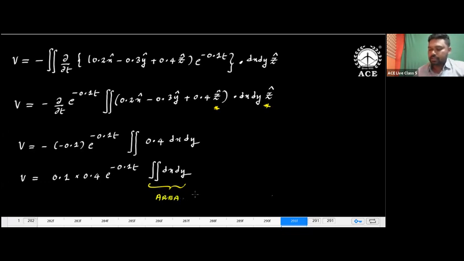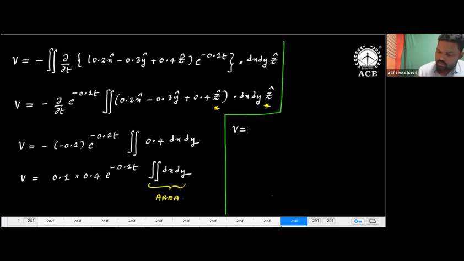Let me proceed further. So what is the area of the loop? 0.1 into 0.4 into 4 into 4 into e to the power of minus 0.1 t. So here it is 0.64 into e to the power of minus 0.1 t, beta.